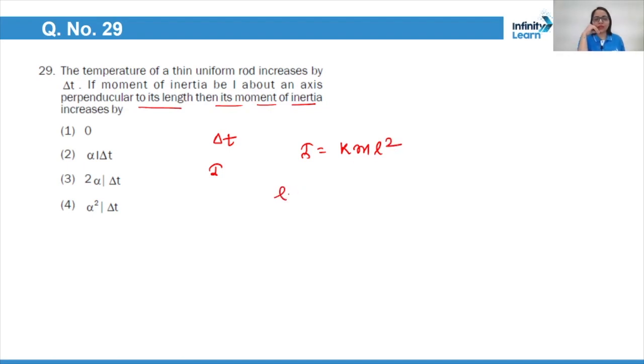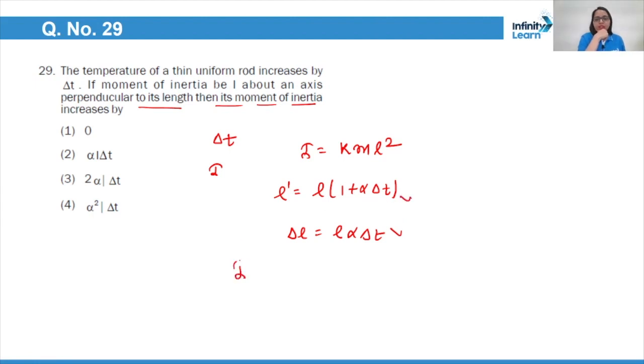Now L is the initial length, then the new length L dash is L into 1 plus alpha delta T. Or you can write delta L is equal to L alpha delta T. Okay, fine. We need to find the new moment of inertia if the length increases, right? And this is the increase in length.